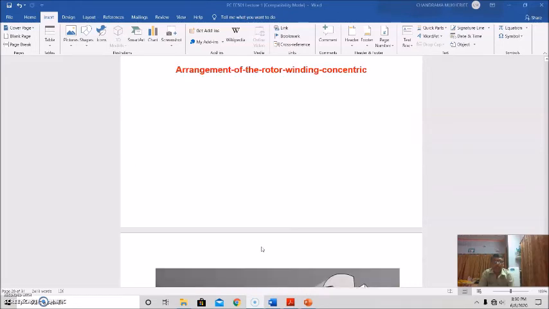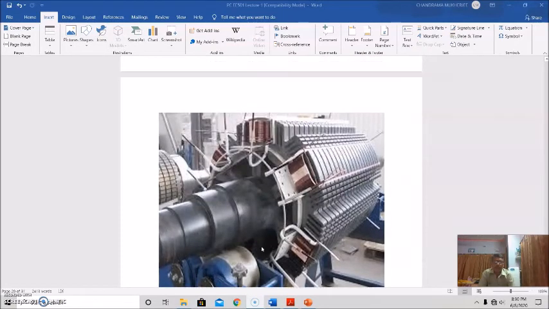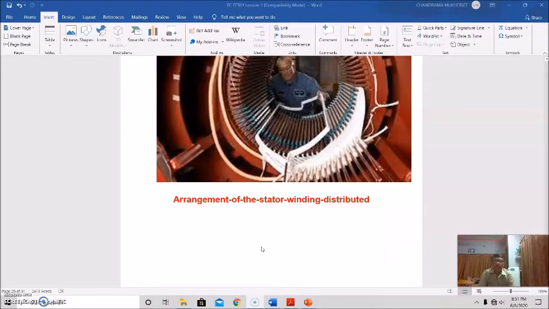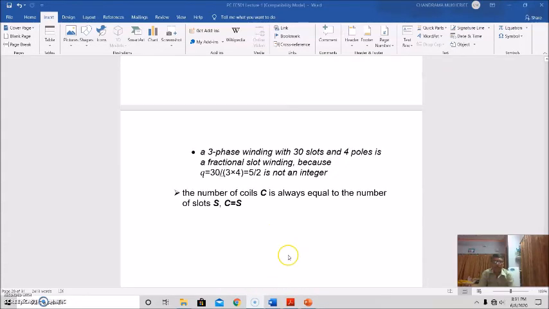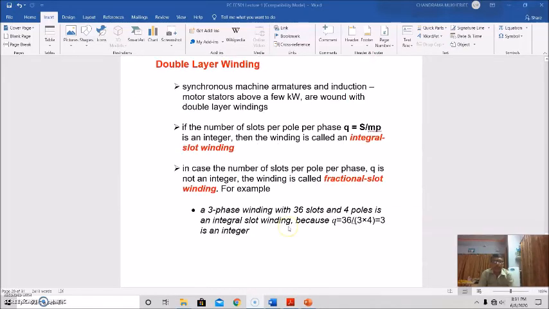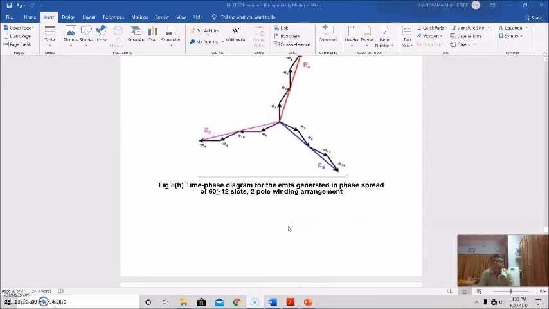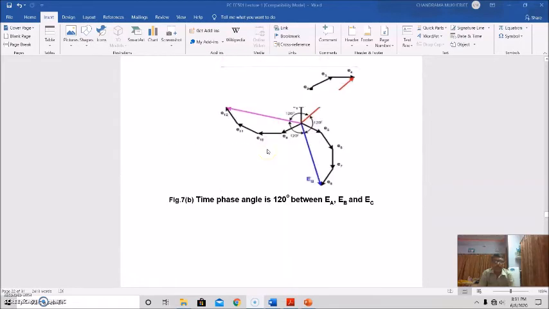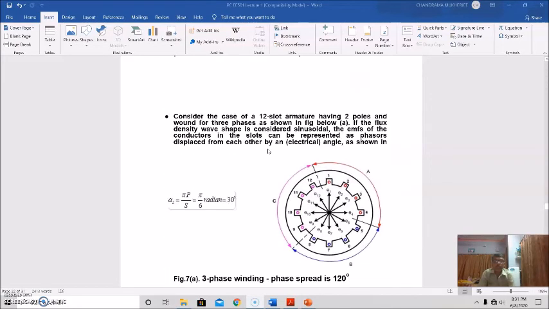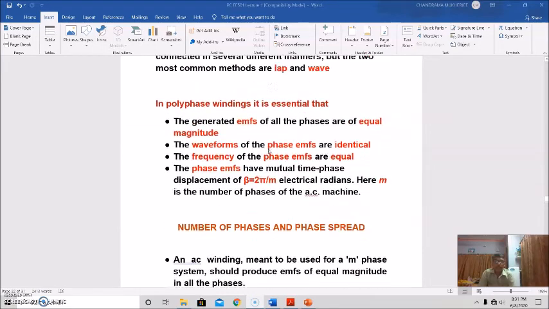That is, if we summarize the previous lectures and everything of today's lectures regarding the fundamentals of AC winding, what we have seen is the different terminology used for AC windings.